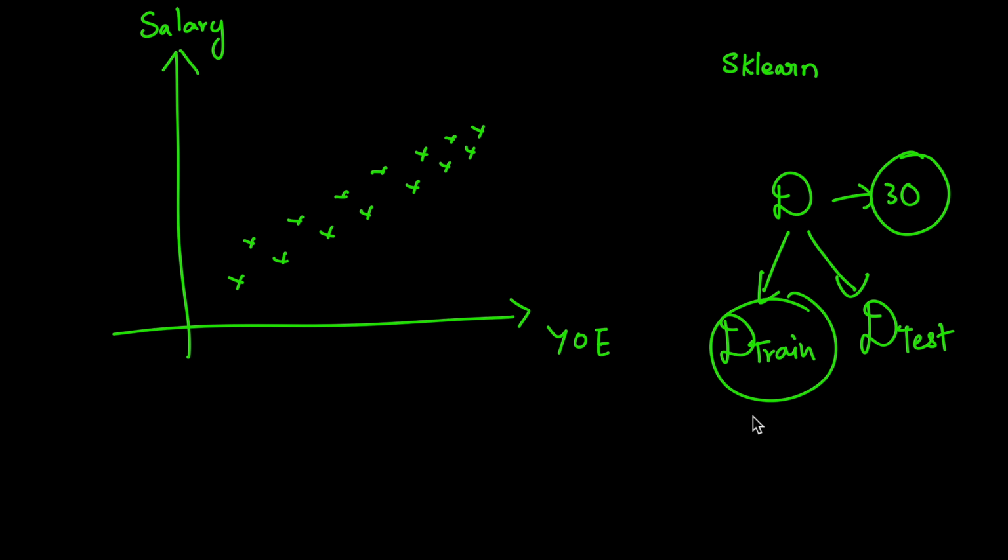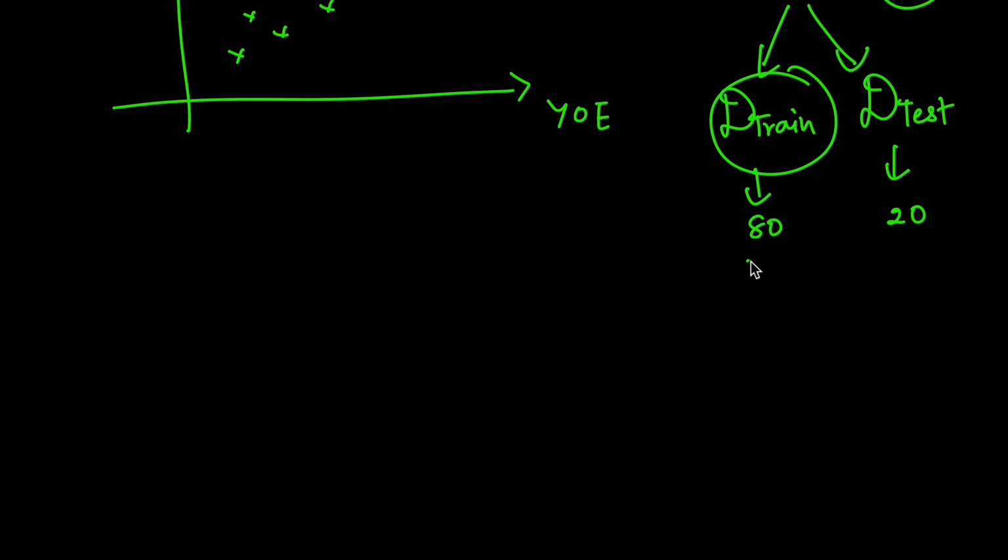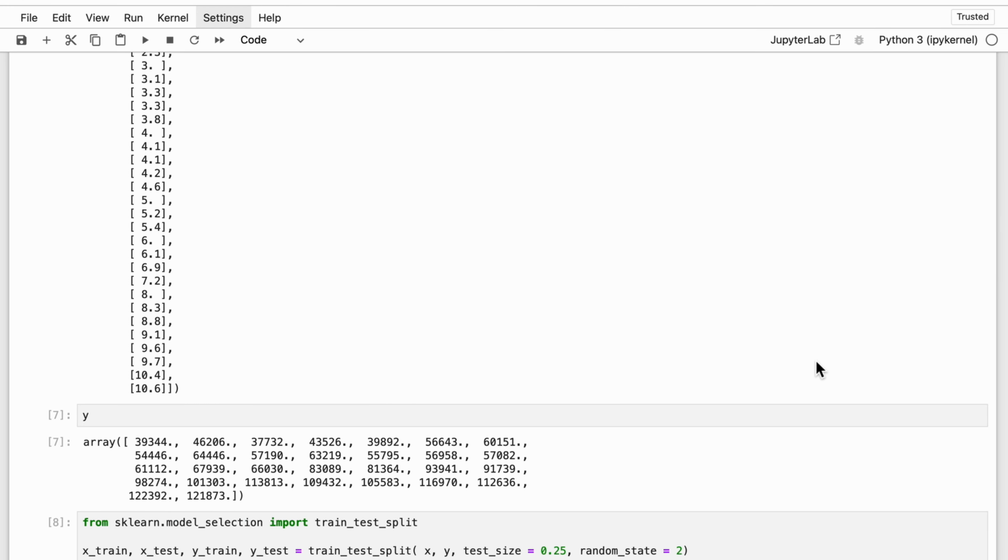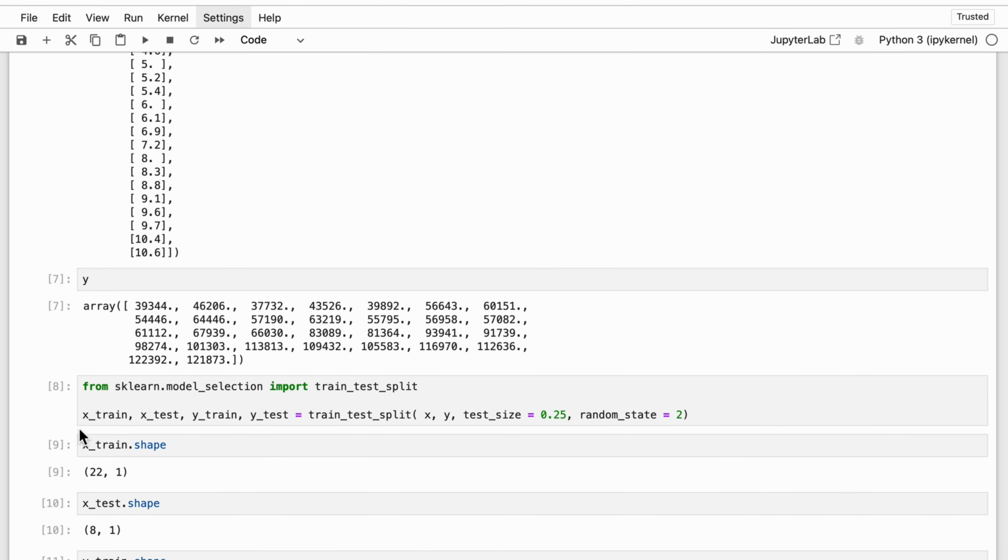In general, we'll be following something like 80% and 20%, or we might even follow something like 75-25. We'll be deciding what ratio to use, but these are the two ratios that are most commonly used, so you can follow any one of these. Let's see how we are doing it here.